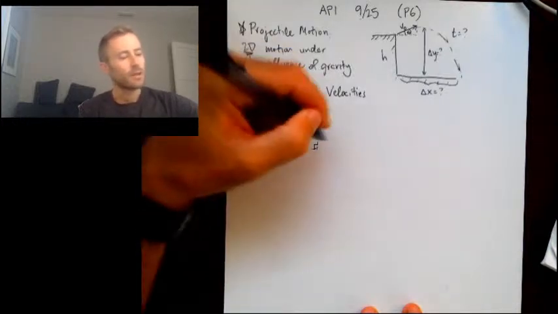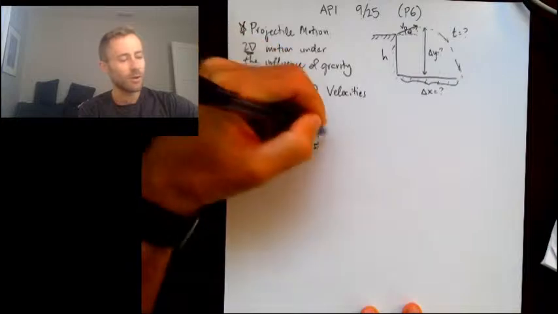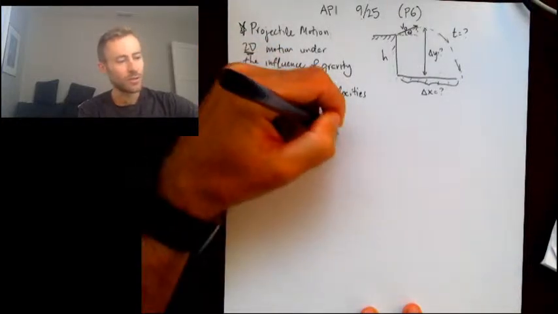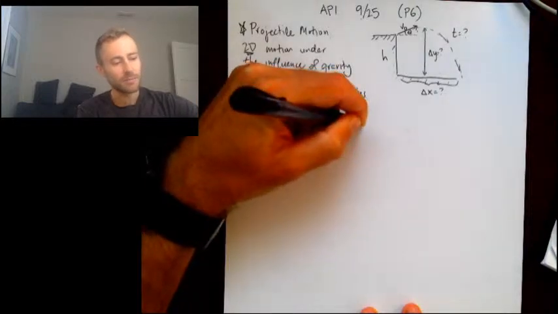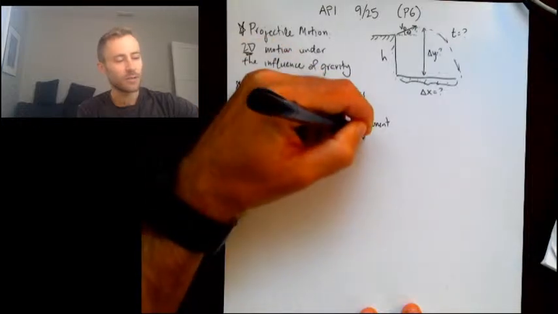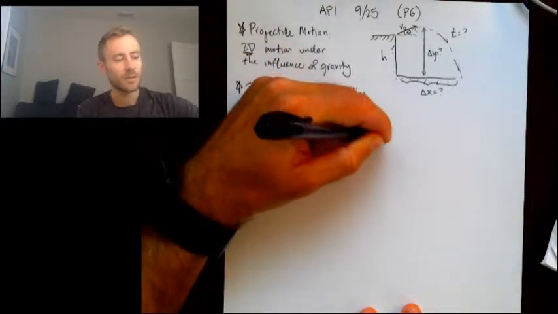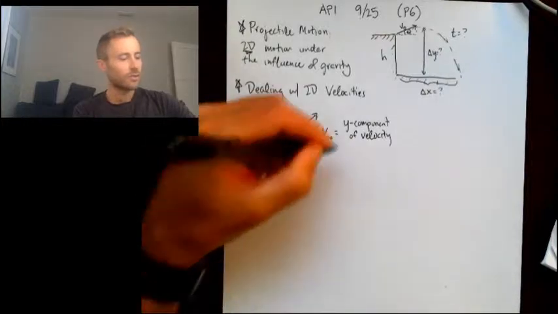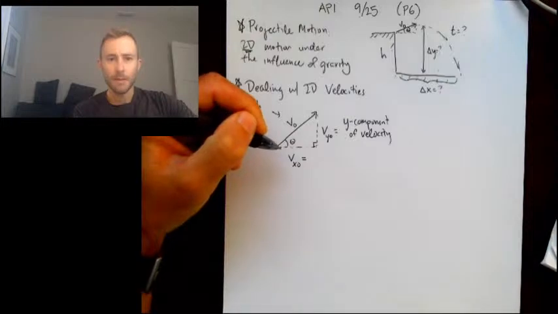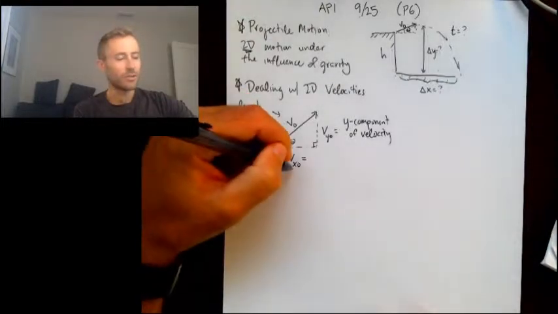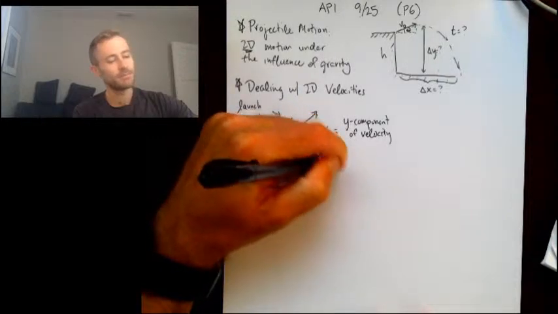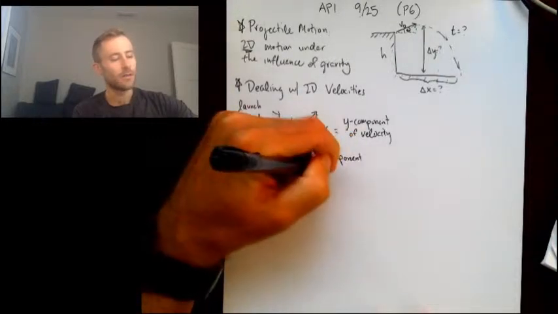The vertical leg of this triangle I will call v sub y naught. This is the y component of the initial velocity. And then we have v sub x naught, which is the initial horizontal component of the velocity, the x component of the velocity.